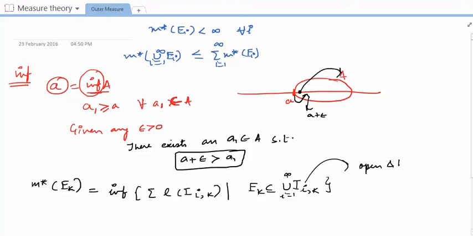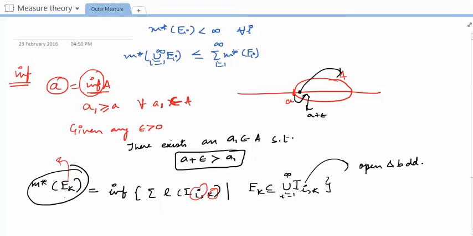This is the definition of M star of E. I have used these two subscripts i and k: k stands for the fact that we are talking about Ek, and i stands for this union, which runs from 1 to infinity.